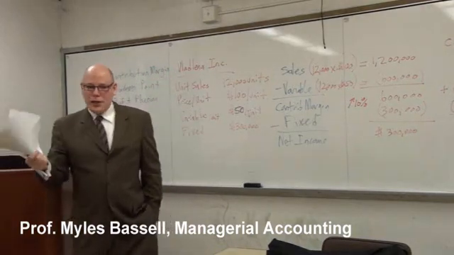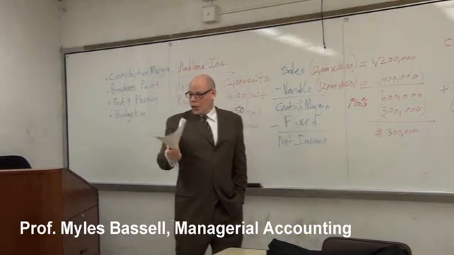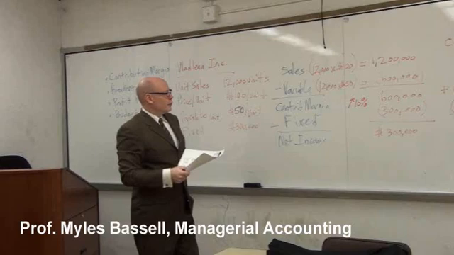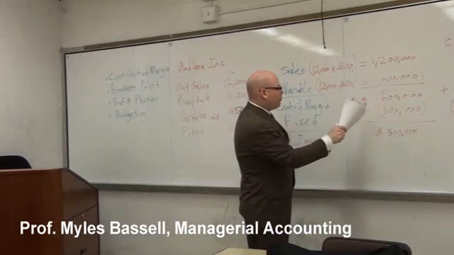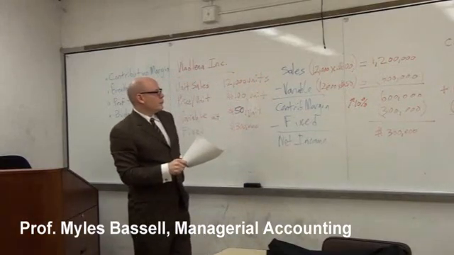There could be a lot of different reasons. We need to understand what the drivers are. What's going to cause that? So that could increase the contribution margin by 10%.